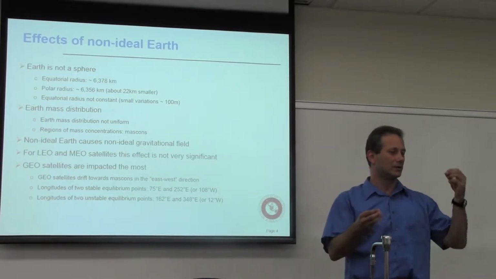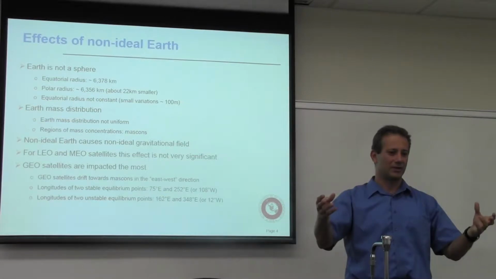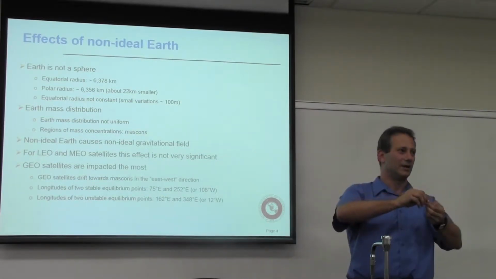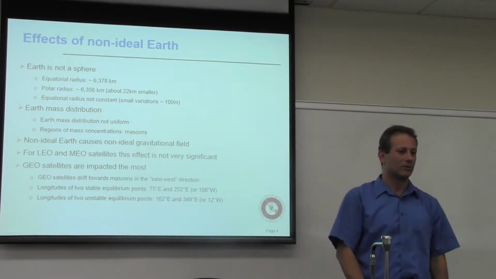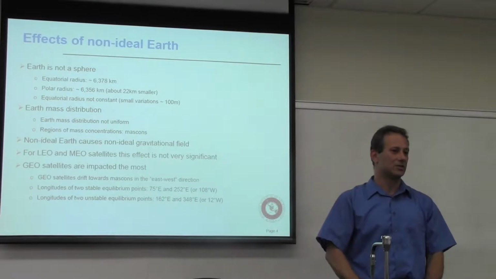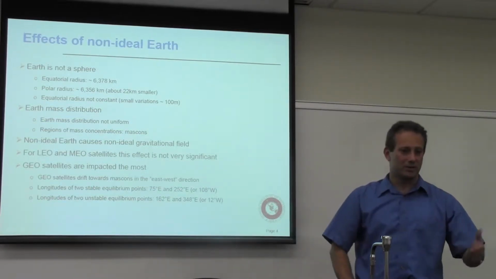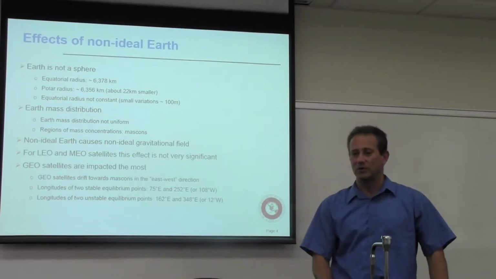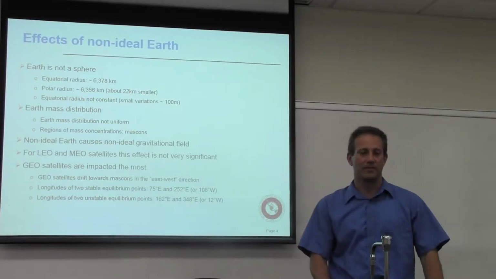Because if you think about what we learn in physics, the gravitational field of the Earth is the superposition of all the elemental mass elements. And if these mass elements are not uniformly distributed, you end up with a gravitational field that's not uniform as well. In a first order approximation, it is what we did in lecture 2, but when you start looking closer, then you have a non-ideal gravitational field.